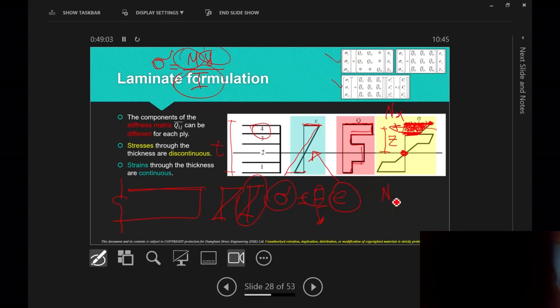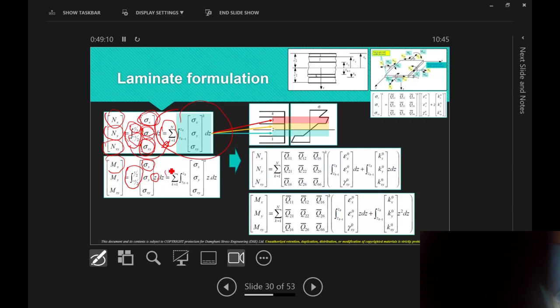So in essence, nx times z is m, the bending moment. And what's happening here is exactly that. These are the forces in each ply times their z, which will give you the bending moments in that ply. Put them all into one equation, into matrix format, and make use of all the relationships that we found.